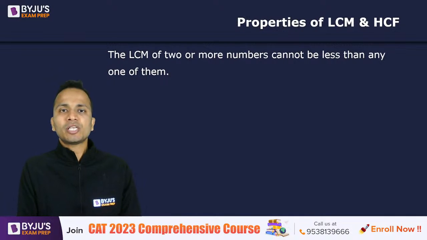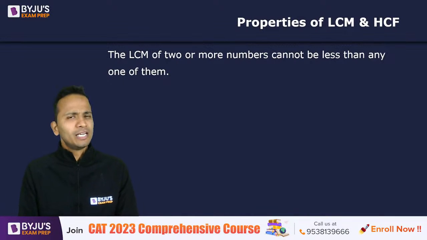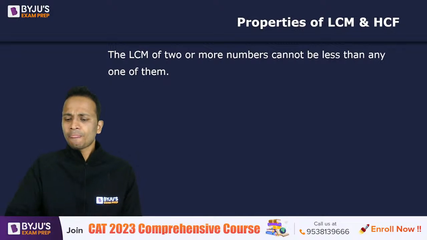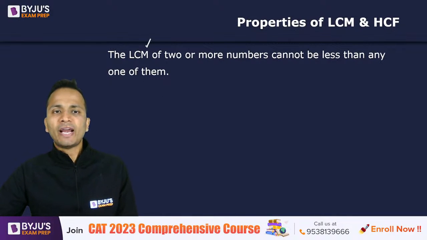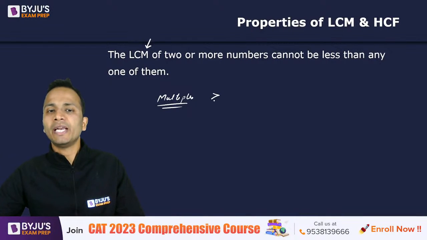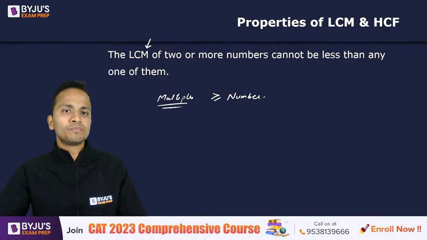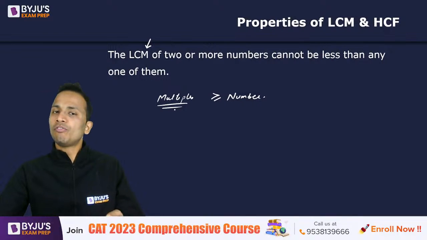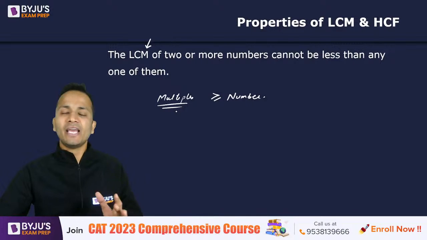Now, the first property which is related to LCM is the LCM of two or more numbers cannot be less than any one of them. Now, this is obvious, I can say. Now, LCM deals with finding, first of all, the multiples of the numbers, right? Since we know that the multiples of any number will always be greater than or equal to the number. So, the least common multiple of any set of numbers cannot be less than any of them.